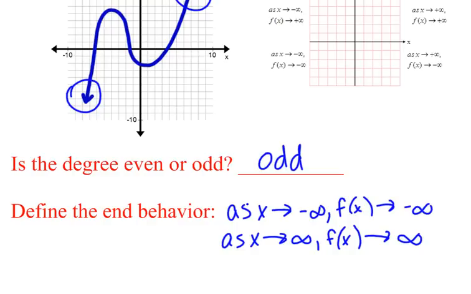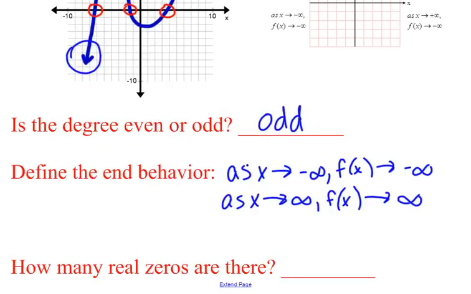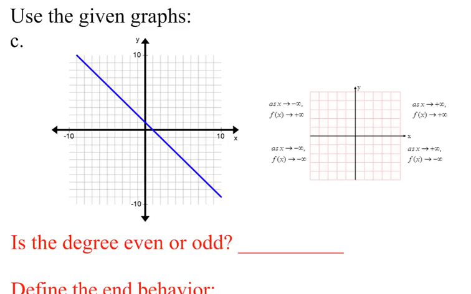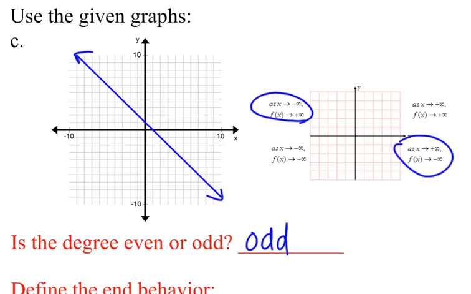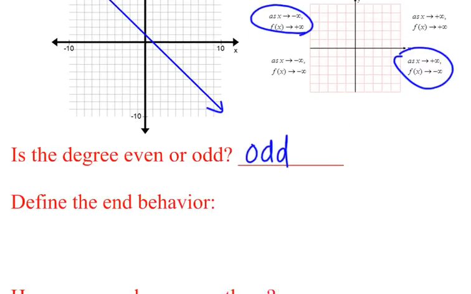Next, it's going to ask how many real zeros we have. So I count how many times I cross the x-axis. I see 3 there, so I'm going to put a 3 right there. Letter C. Hopefully you recognize that's a linear function, and so we say odd or even. Well, these arrows are going in opposite directions, so this would be odd. Its end behavior is in quadrant 2, which is this one, and quadrant 4, which is right here. So I'm going to list both.